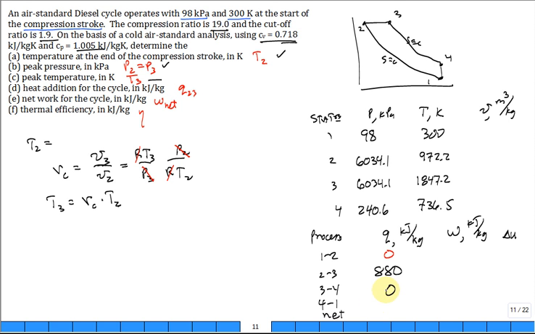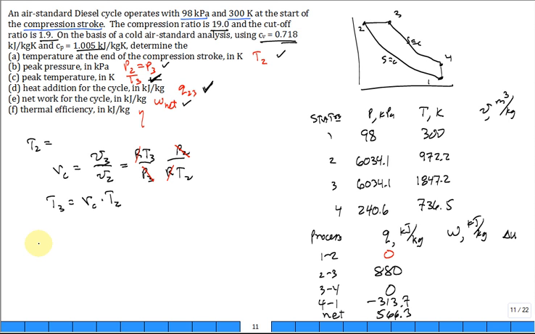And then it's negative 313.7, leaving a Q net of 566.3 kilojoules per kilogram. Similar for the works, but I already have the answer for part C and the answer for part D, and the work net is equal to the Q net, so we have the answer for part E as well.